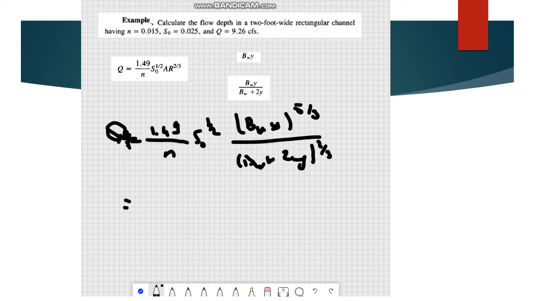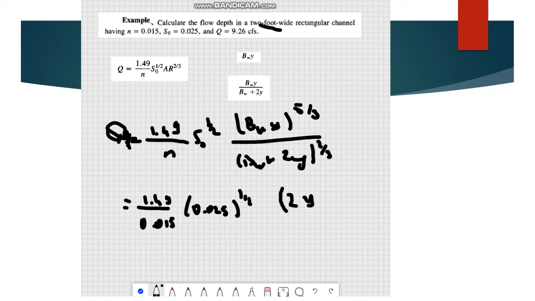So let's calculate it. 1.49 over n, where n is 0.015, multiplied by S0 to the power 1 over 2, which is the square root of 0.025, right? Then we calculate this term, where b_w is 2 because the channel is 2 feet wide, and the depth we don't know.